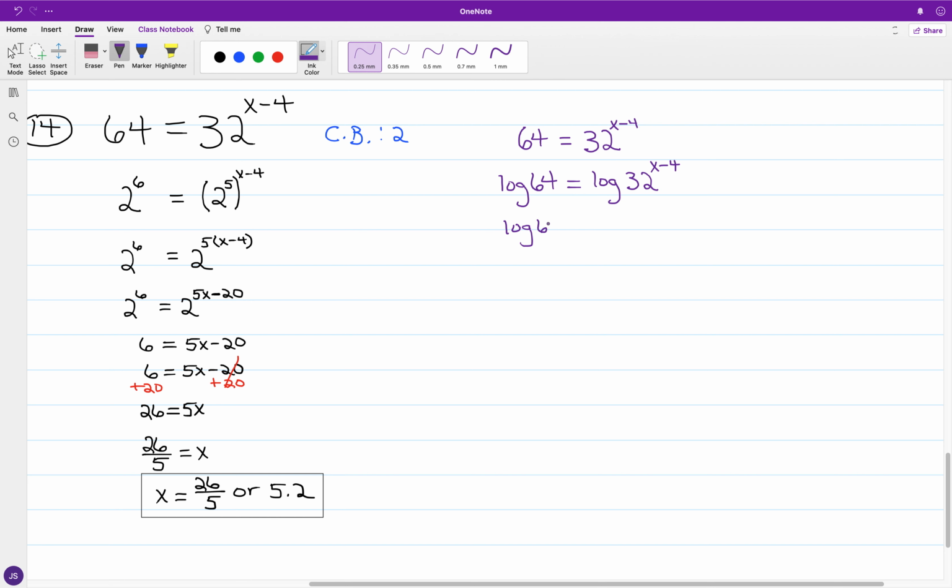I have the base 10 logarithm of 64, and for what I have on the right, we got 32 to the x minus 4, and for what we have here, I can write x minus 4 as a binomial coefficient.